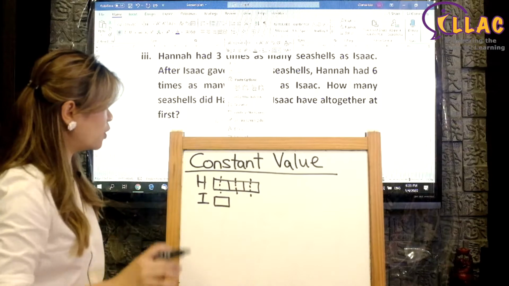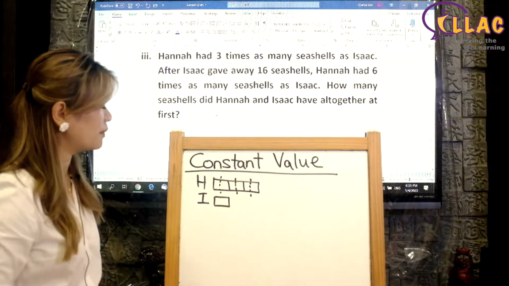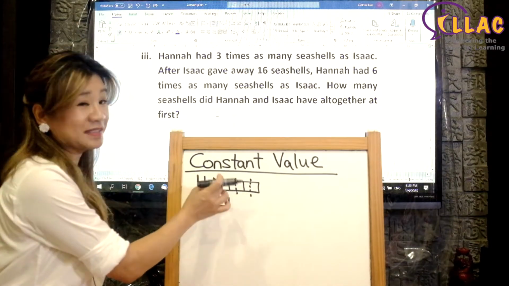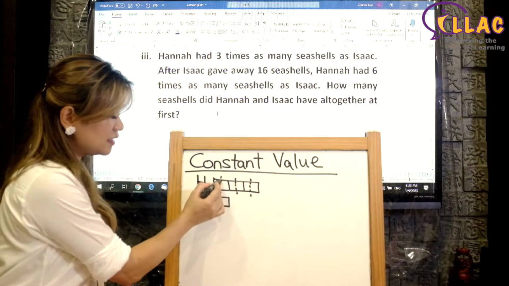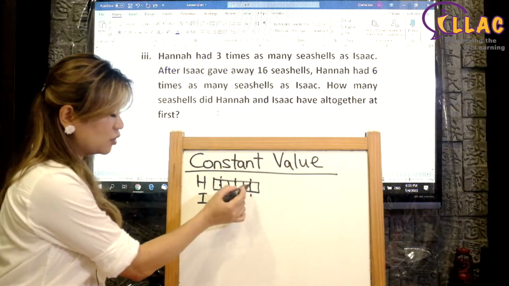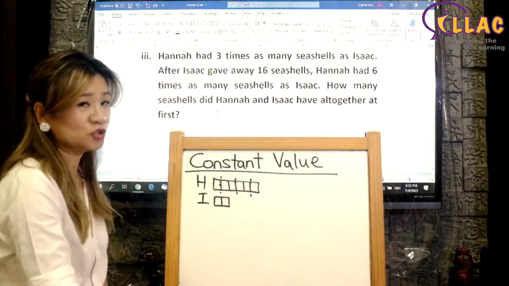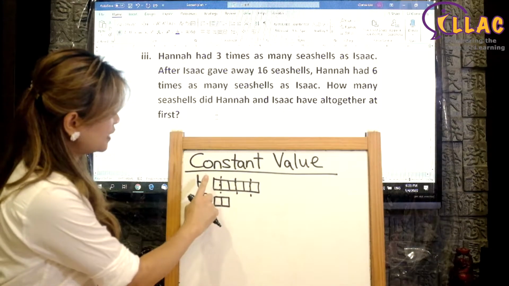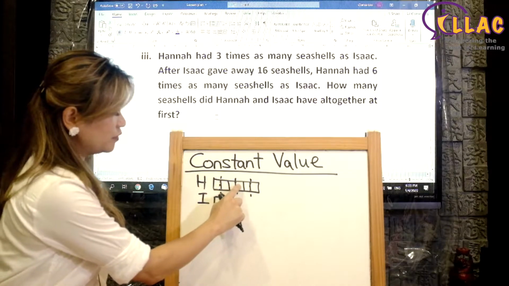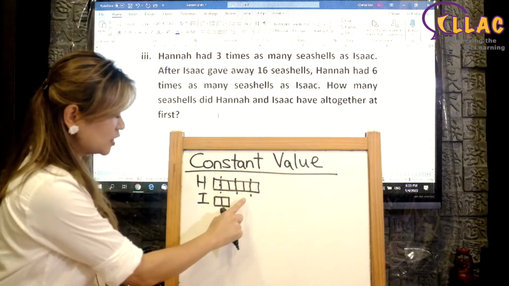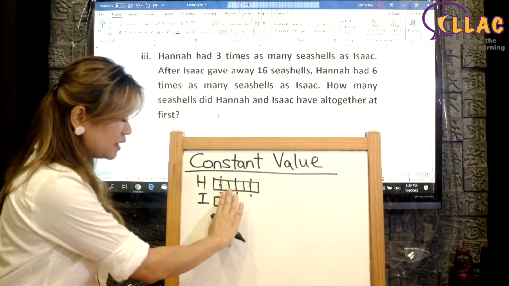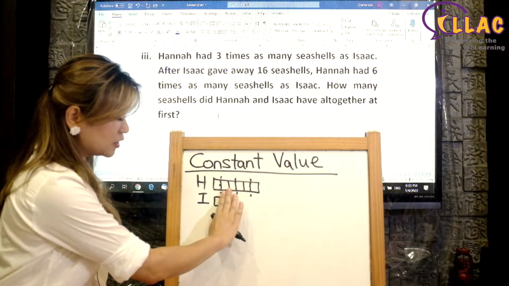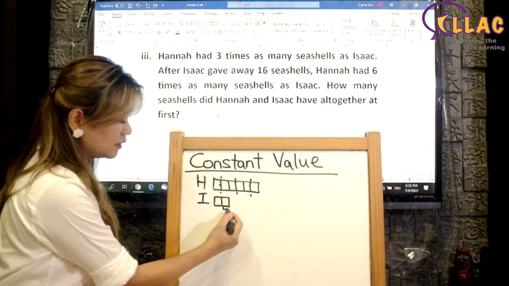When you use a model to solve questions, remind yourself that the units must be the same size. So if you cut these into 2s, you will also need to cut this into 2 so that all of them are the same size. If Hannah had 6 units, 1, 2, 3, 4, 5, 6, Isaac should have only 1, which means this 1 unit that Isaac took away will be 16.